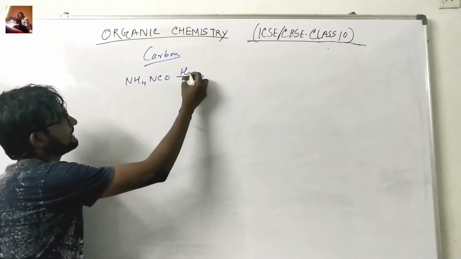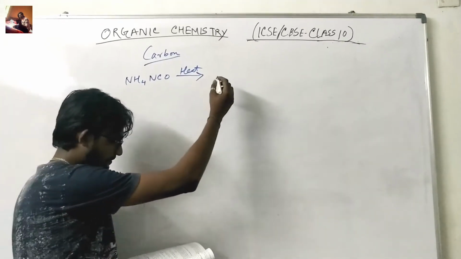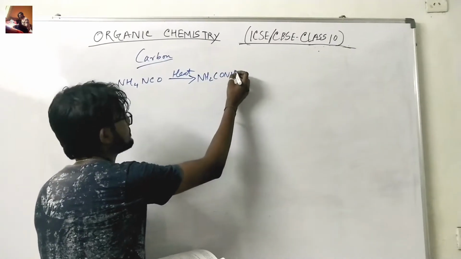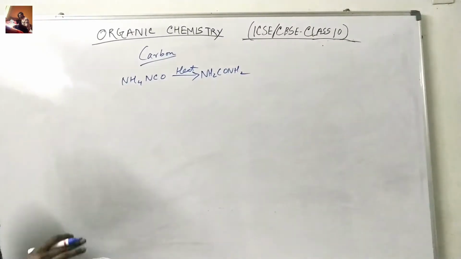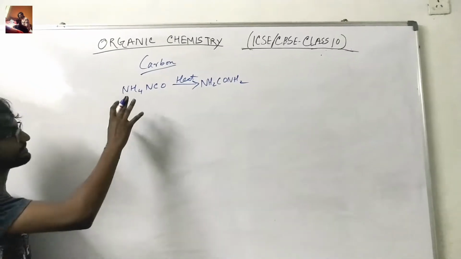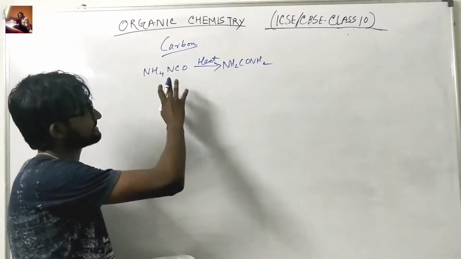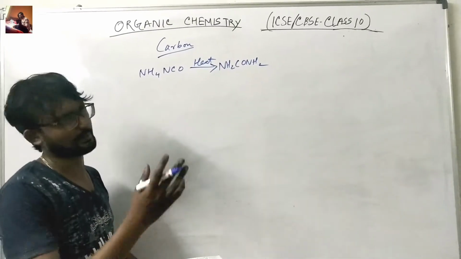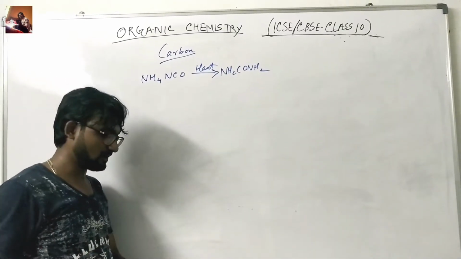If you heat it, it will transform to urea, NH2CONH2. The same composition is there, but it's being transformed from one form to another. How it's happening, why it's happening, this is called organic chemistry.